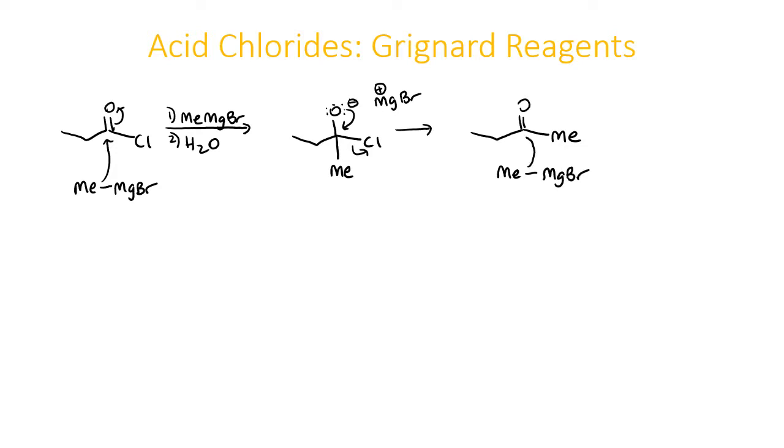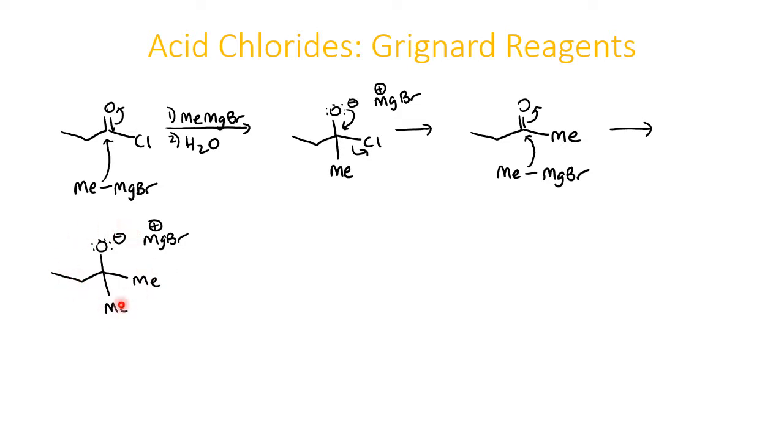So another Grignard reagent will come in, attack the carbonyl carbon, kicking the electrons up onto oxygen. Now we have 2 methyl groups attached, and we cannot reform the carbonyl because none of these groups are capable of acting as leaving groups.